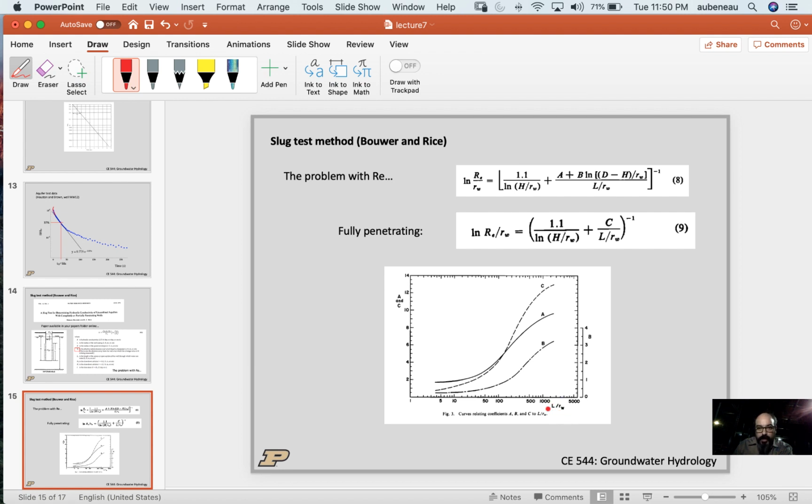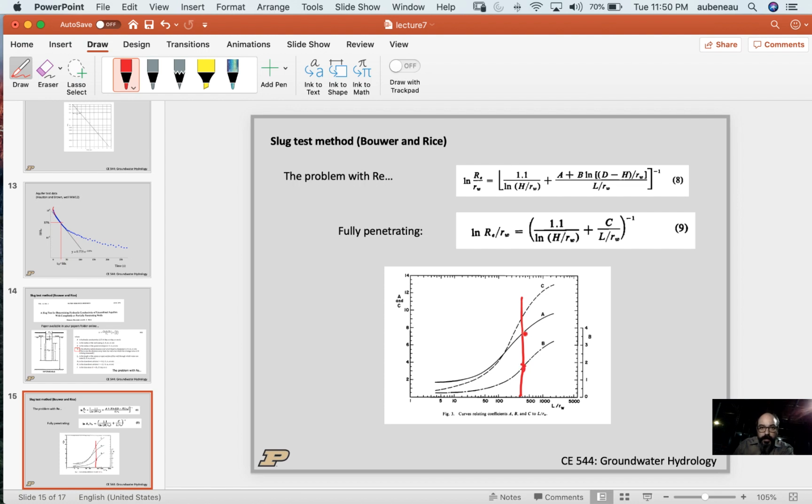So what you do is you take this ratio, you plot it, or you plug it in here, let's say we're here, and then you just literally go and read your numbers, right? So if you have an L over RW that is whatever that was that I did, like 300 or something, this is the number, then you can read A and B if you need to use that first equation 8 over there from the paper.